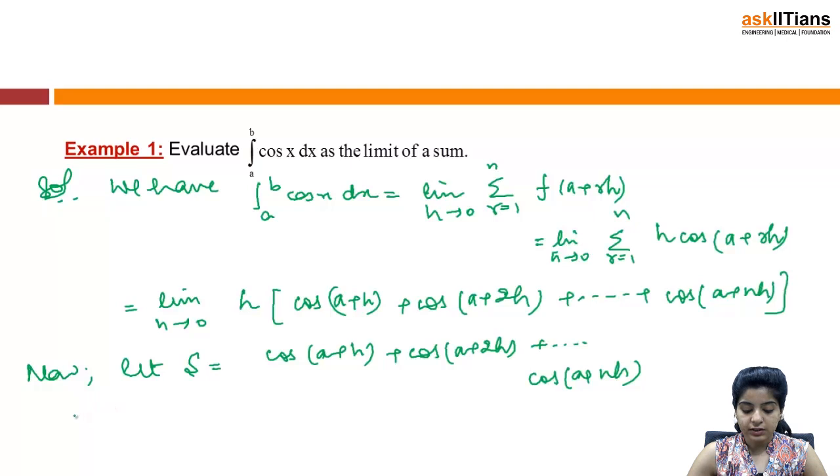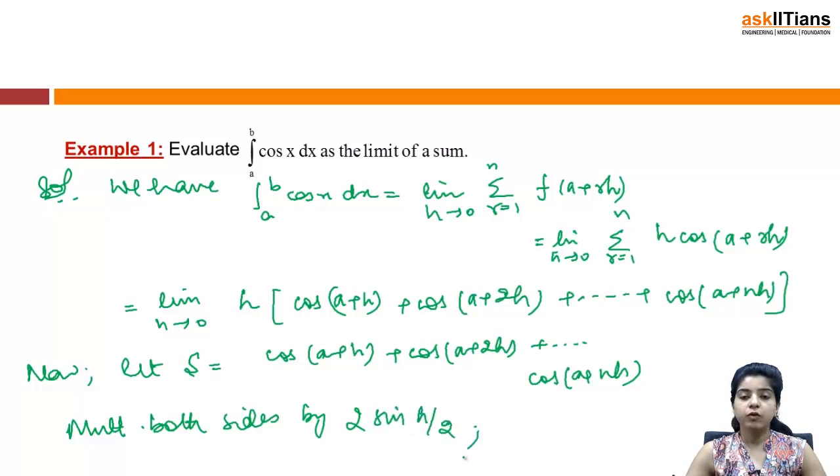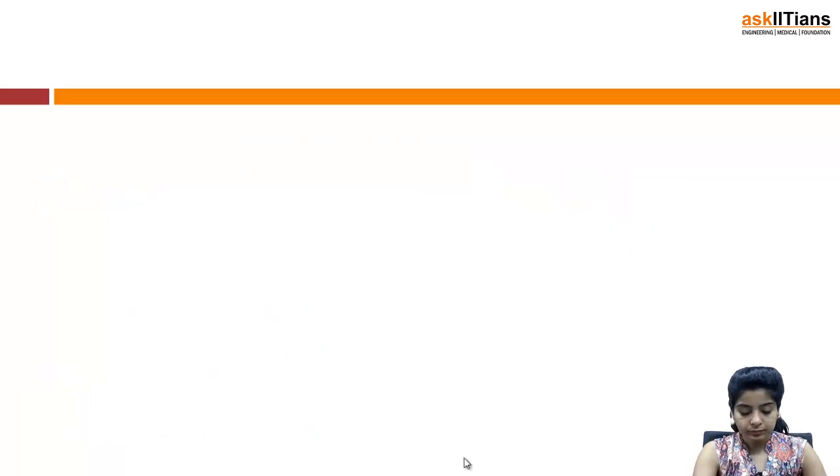Now s is this. Now to solve s, what I do is multiply both sides by 2 sin h by 2. We will try to apply a trigonometric formula. For that I am multiplying both sides by 2 sin h by 2, right?